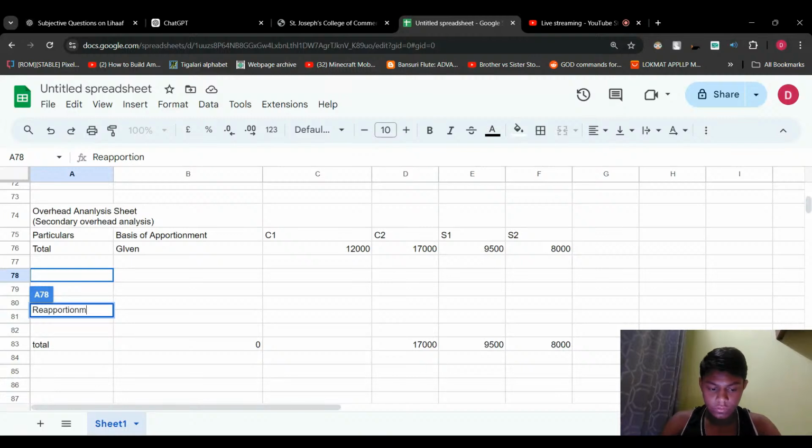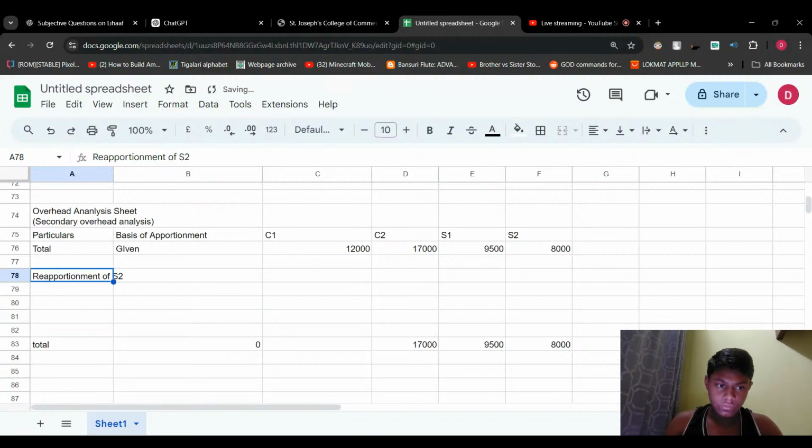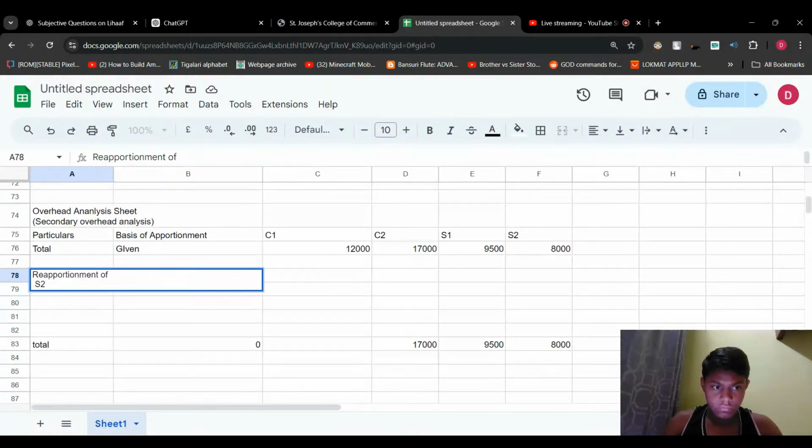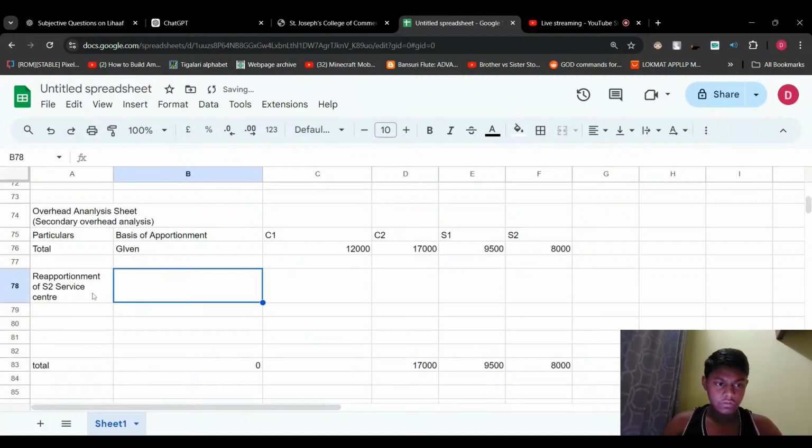Reapportionment of S2 service center. What is given? All three values are written.